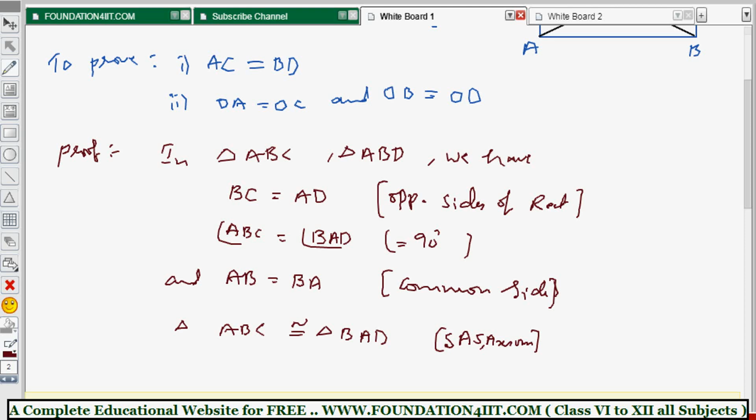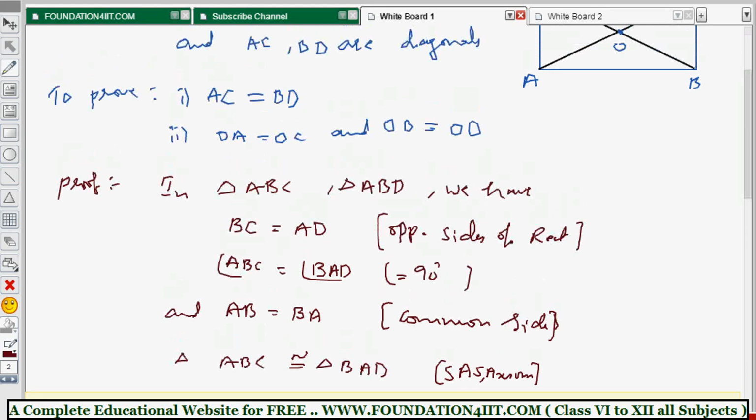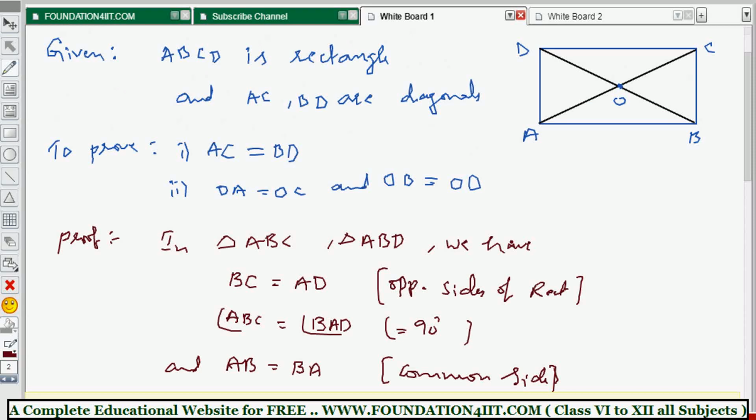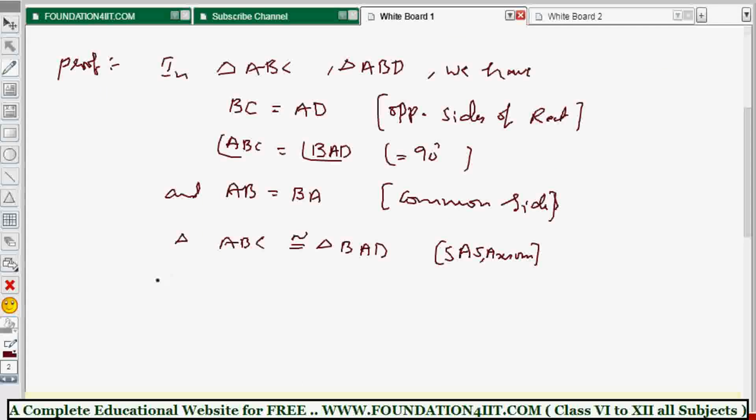Therefore, when two triangles are congruent, that is ABC and BAD, so in ABC, AC and in BAD, BD, these two are the diagonals. Then we can conclude that hence AC equals BD. This is by CPCT: corresponding parts of congruent triangles are equal, right?